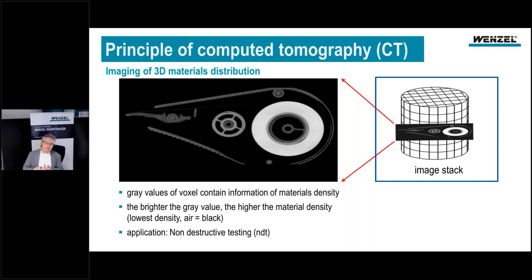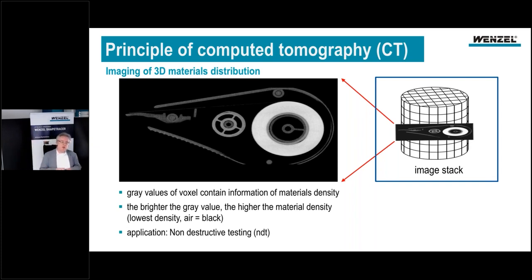The CT records the density of the materials inside the scan volume and codes the density into gray values. The lowest gray value, black, is the material with the lowest density, that's air. And the highest gray value is the highest density, and this is the part.